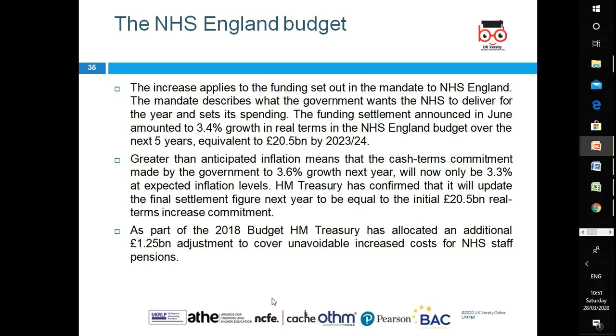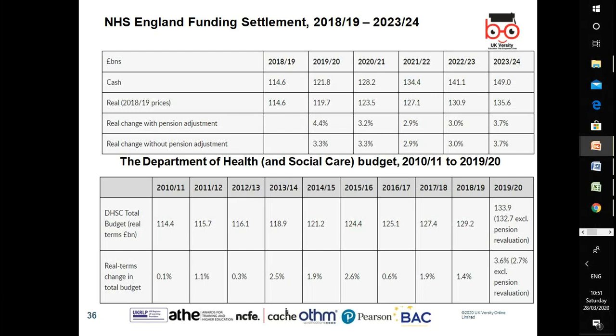In real terms, we are getting less every year. Doctor salaries and the national minimum wage are increasing every year. Is it matching? What will happen with all this? If we look at the cash and real change, the pension adjustments each year, where do we need to arrange the money from?